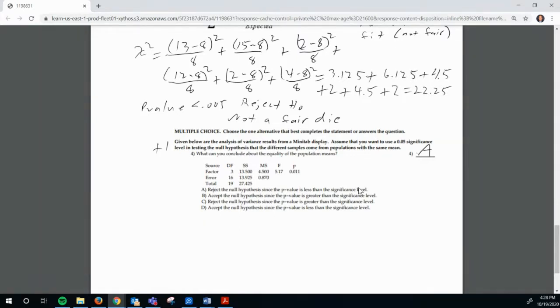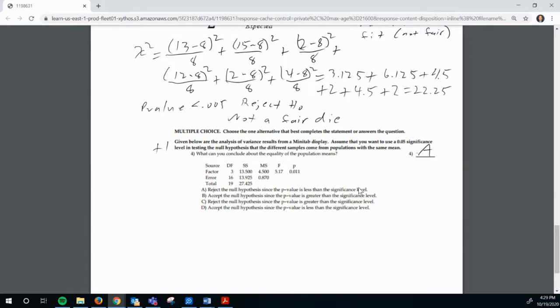So DF is degrees of freedom, sum of squares, mean squares, your F distribution, which you did do some F distribution problems in this class, but that's not really that important here. What's the one thing you need to look for? Yeah, p-value.